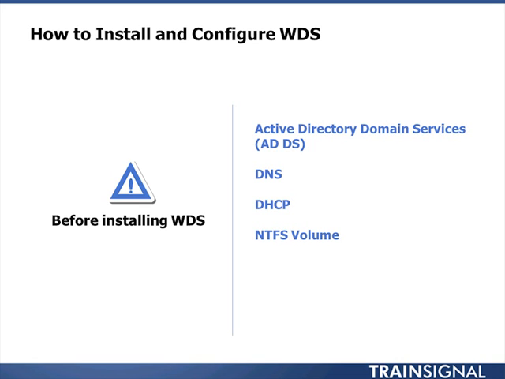And then you also need to have DHCP option 60. Now, we don't cover DHCP in this course, but if you watched our 70-410 Installing and Configuring Windows Server 2012 course, or also I believe the 70-412, the Windows Server 2012 Advanced Services course, in either of those two courses, we do talk about DHCP options.